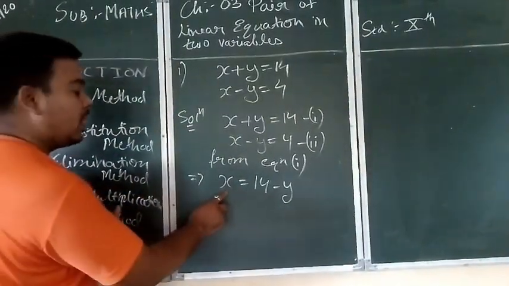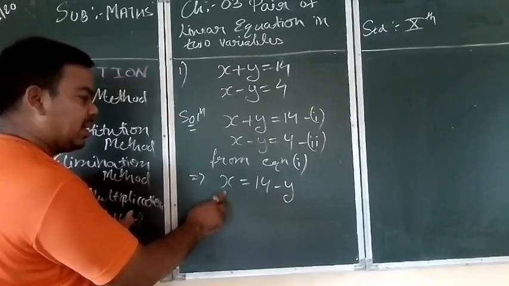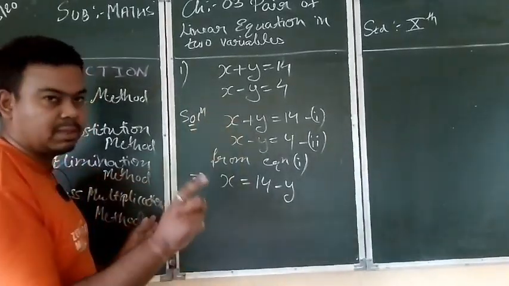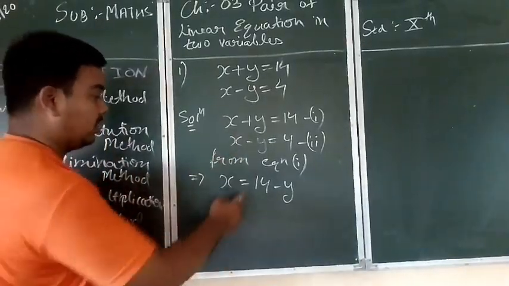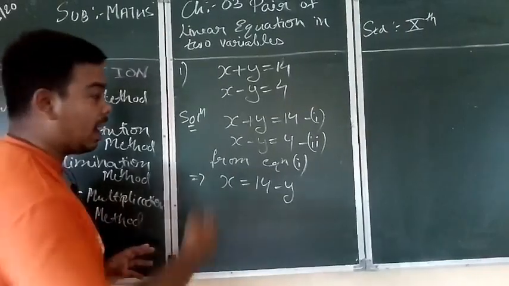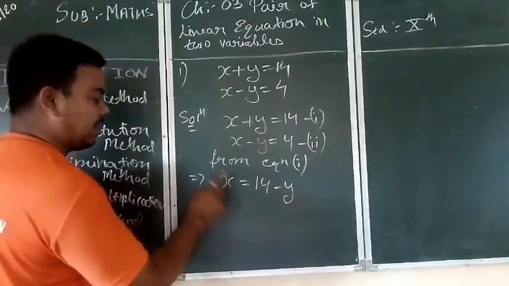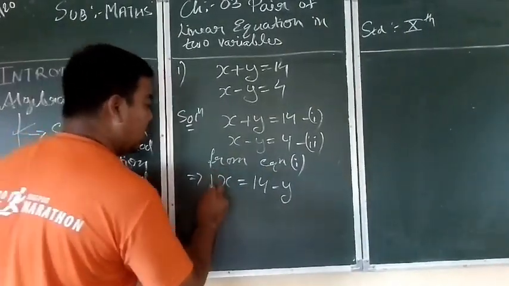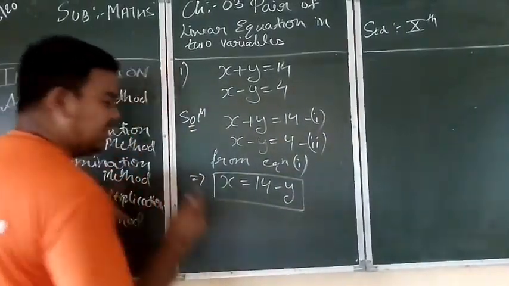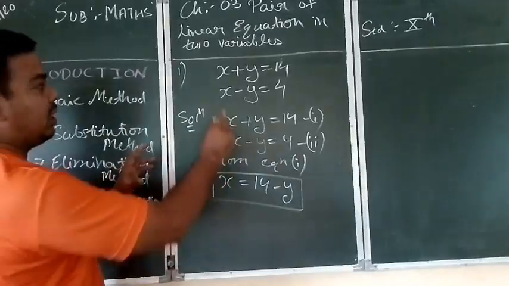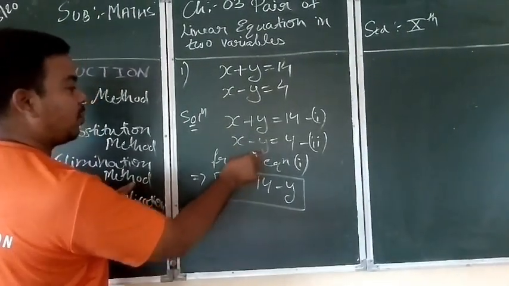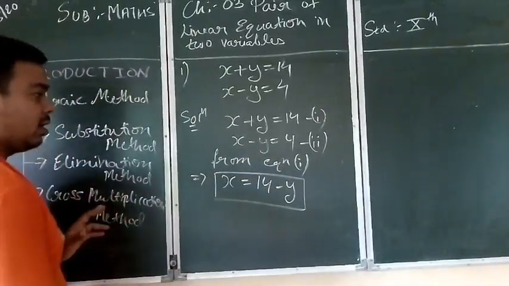We have to keep only one variable on the left side, and the other variable we move to the right side. Now this value of x, 14 minus y, we substitute in the second equation.